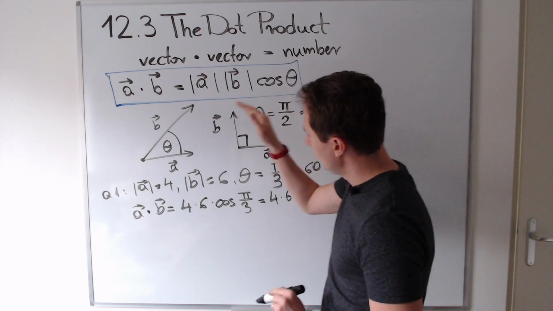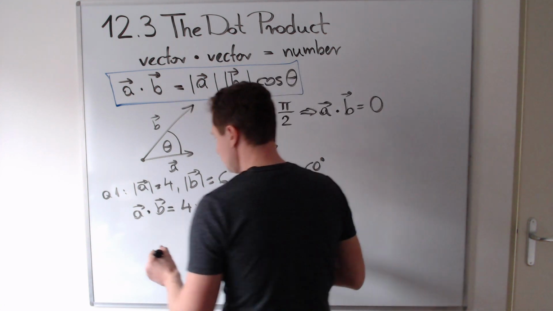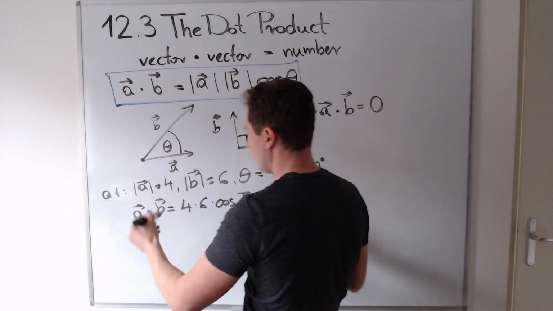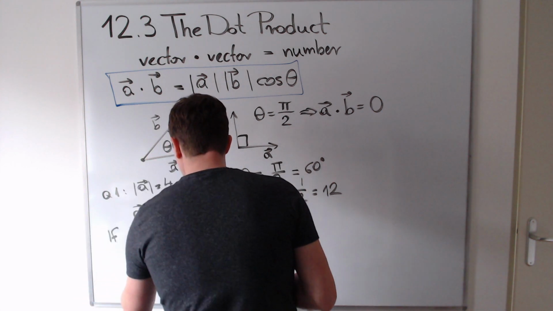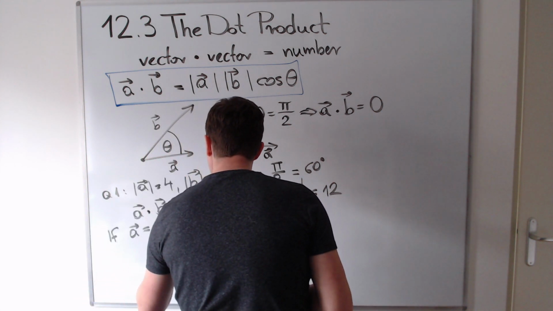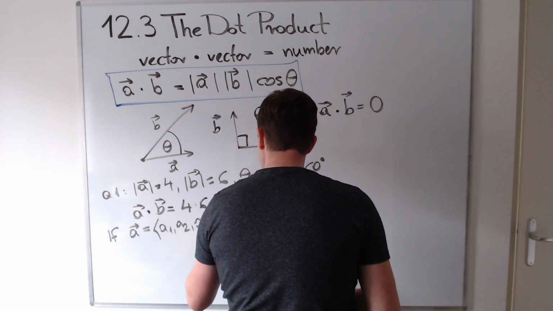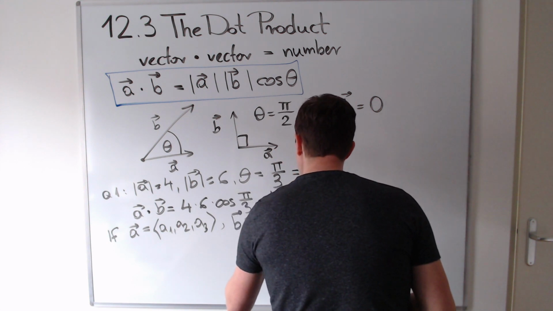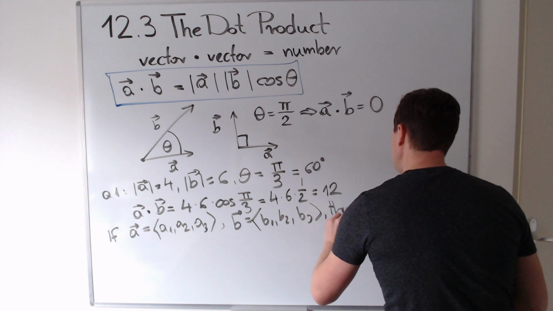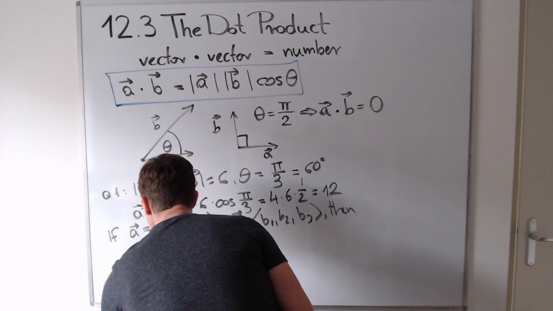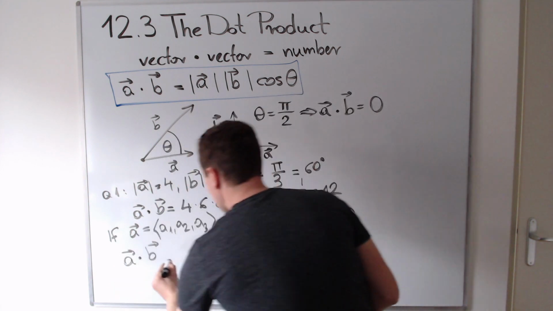So once you have the components of the vectors, there is a second formula for the dot product. If the vector A has the components A1, A2 and A3 for the x, y and z components, and vector B has the components B1, B2 and B3, then the dot product of the two vectors can be computed using the components in the following way.